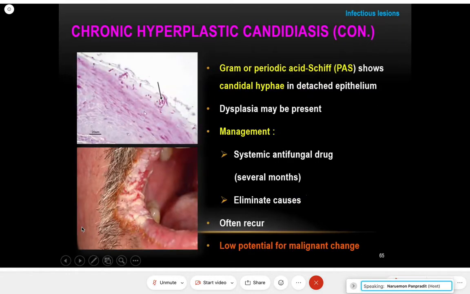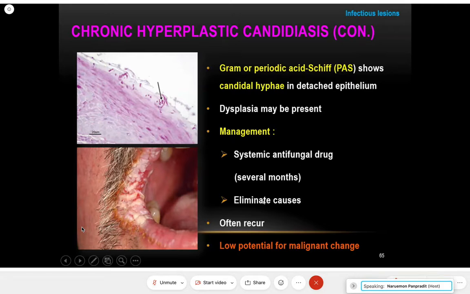That's why they call it chronic hyperplastic, because when you biopsy and do PAS, periodic acid-Schiff, it will show candidal hyphae in the epithelium, and in some cases you can see dysplasia. Because it's chronic hyperplastic, antifungal is also important, but topical alone is not enough.